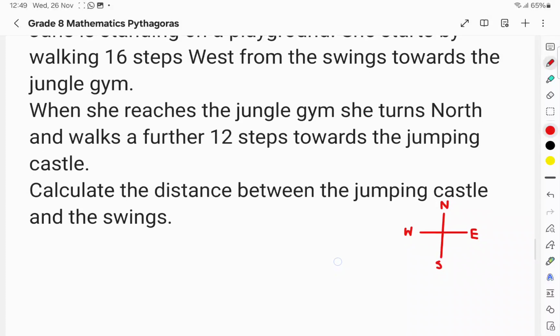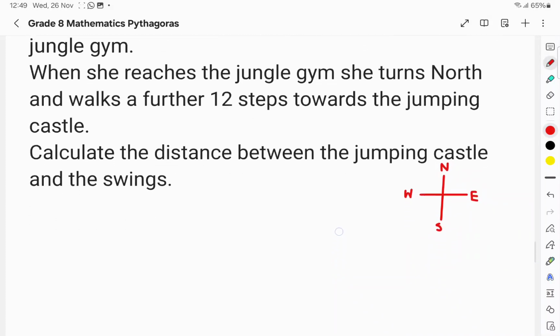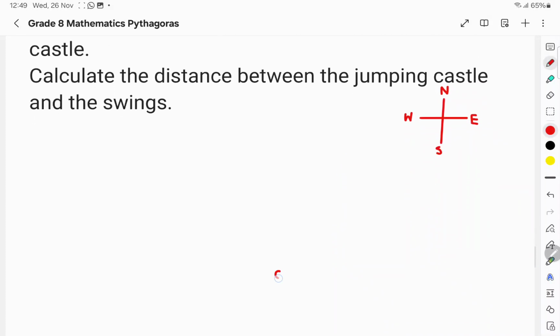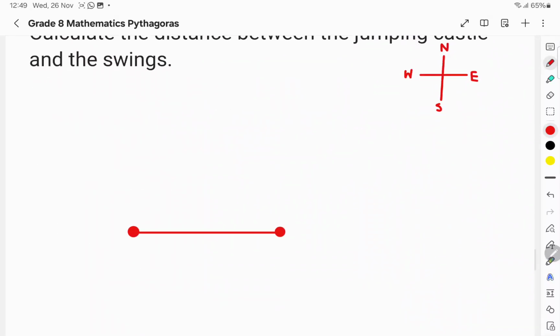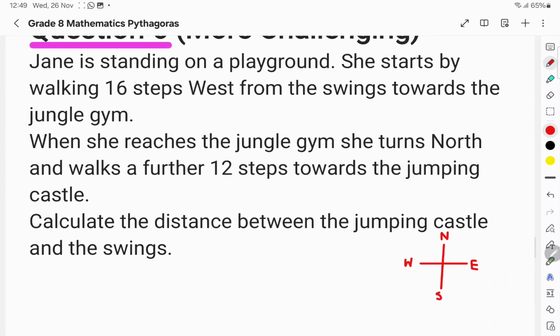So she's walking 16 steps west. So let's start Jane off over here. And west is to the left. That's a bit skew. And then she gets over there. And they said it's 16 steps, so I'm going to put a 16 over there.